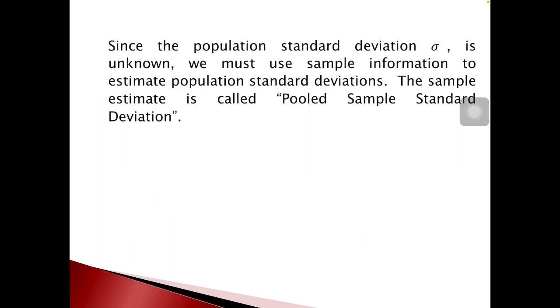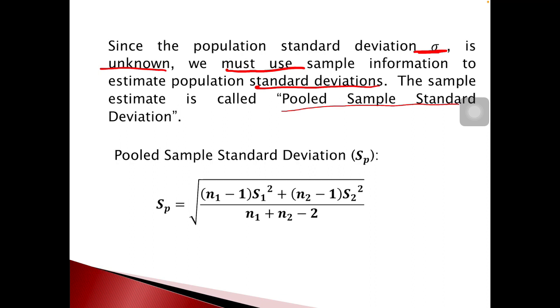But sigma is unknown. Since the population standard deviation sigma is unknown, we have to estimate it. We call this estimate the pooled sample standard deviation. It is just a name. We denote it by S sub P, where P means pooled.